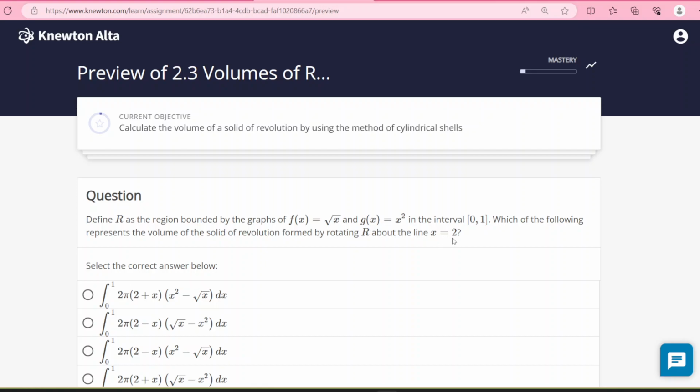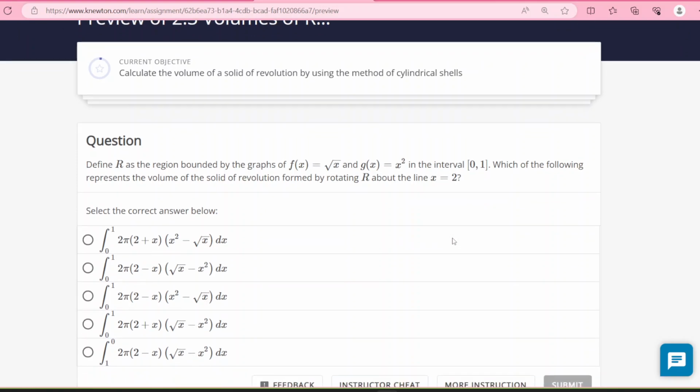It'll involve a distance from 2 units somehow. All right, it'll involve some adding or subtracting from the number 2. And just like the last question, they just want us to set up the integral that would lead us to the volume of the shape created.